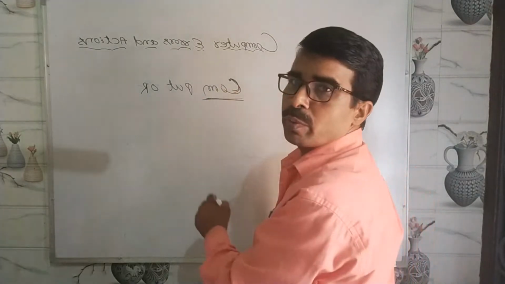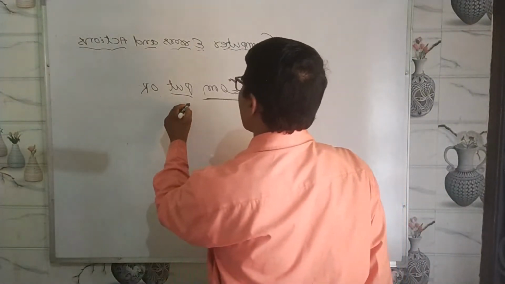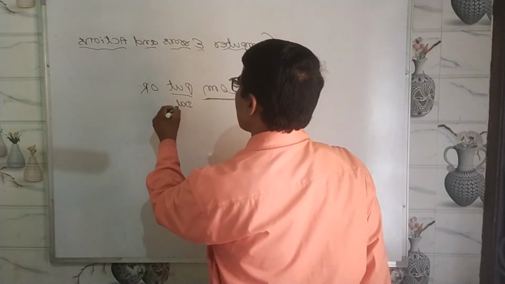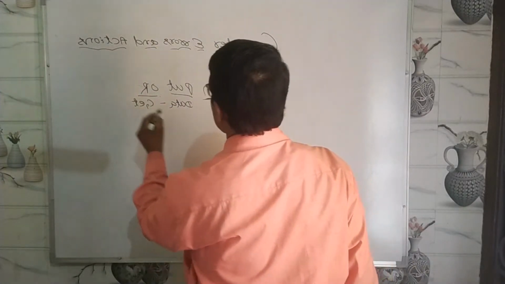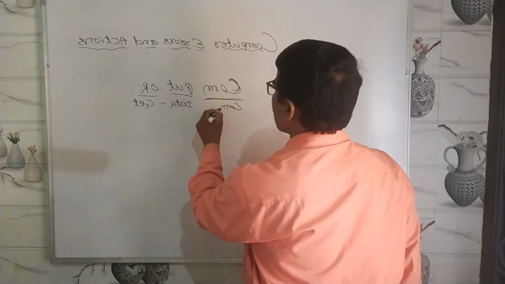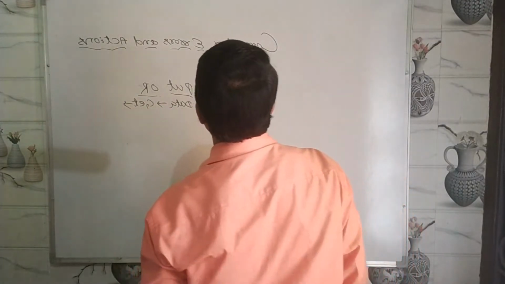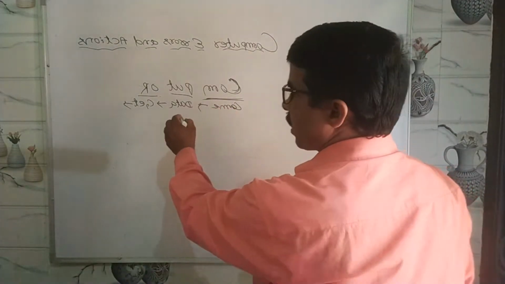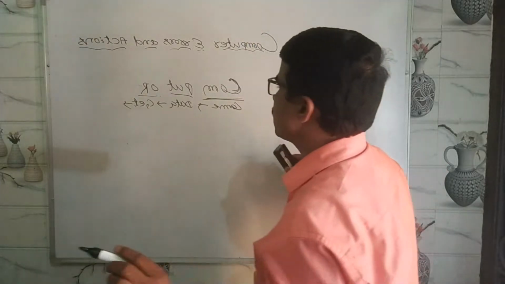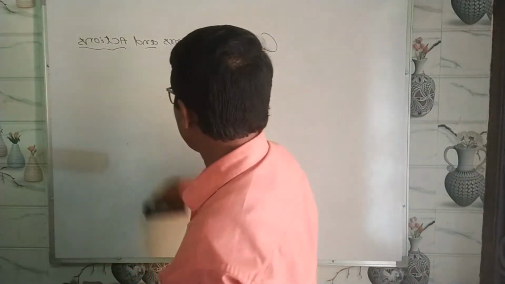Come to the human electronic device, put some data, and you can get the result. This is an electronic device. Come to the computer, put some data and get the result. This is the computer's function normally.